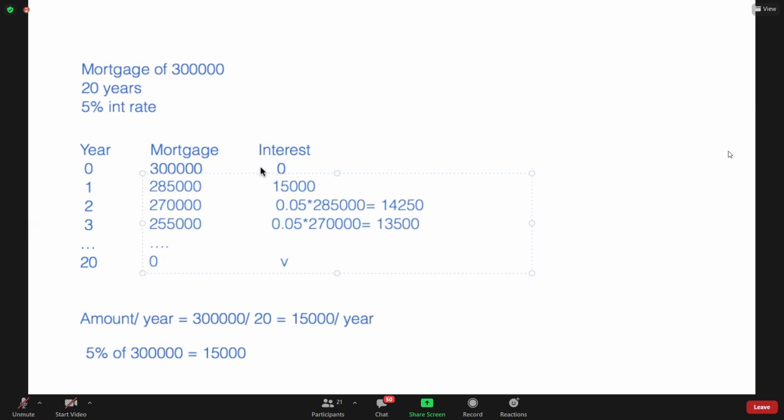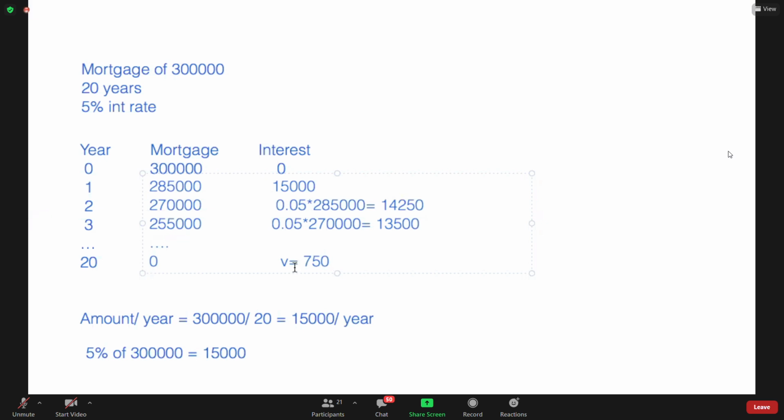My interest payments in a linear mortgage become an arithmetic sequence, and you can check this by subtracting any two consecutive numbers. Year 3 minus year 2 gives you minus 750. Year 2 minus year 1 gives you minus 750. Therefore, the last interest payment that I will make in my last year of the mortgage will become 750 euros, which is the amount of money that I owe back from interest to the bank, which will be equal basically to the positive constant V.